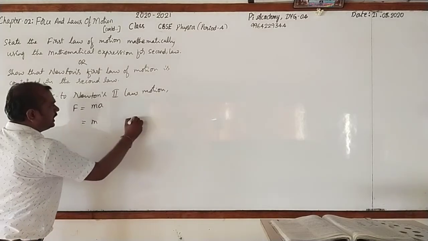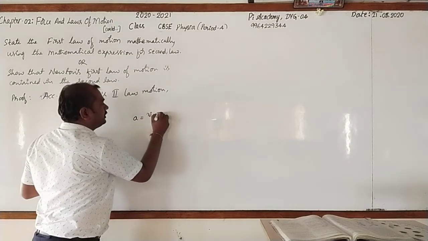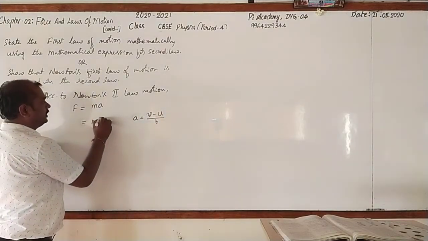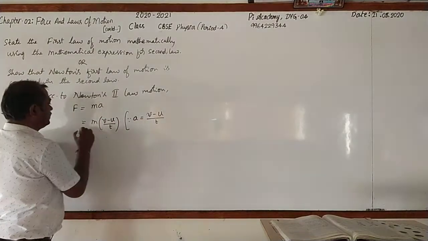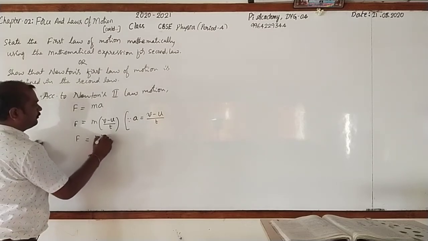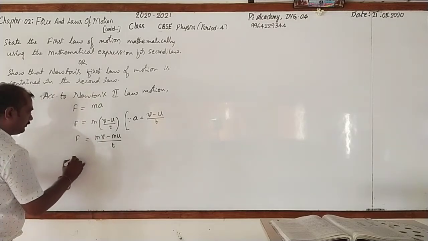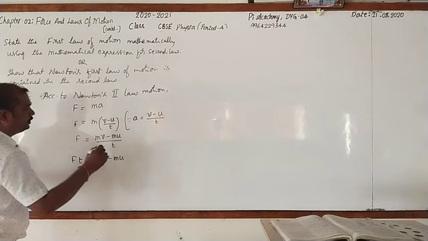Where A is final velocity minus initial velocity divided by t. I'll write the same. It is v minus u by t. Clear? Then this can also be rewritten as F is equal to mv minus mu by t, or F into t is equal to mv minus mu.